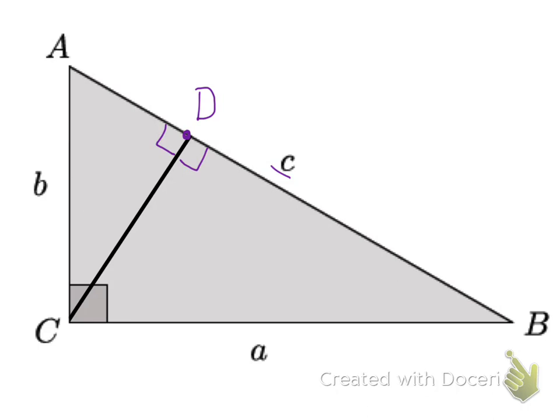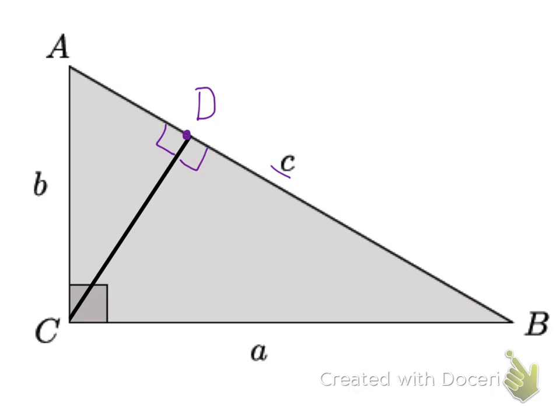Look at triangle ADC. I've got this triangle here, ADC, and it has a right angle and angle A in it. Now notice that our big triangle also has a right angle and angle A. So that must mean that they're similar.